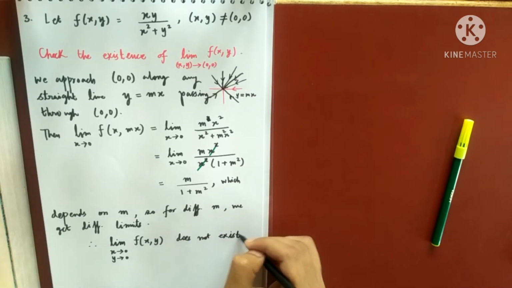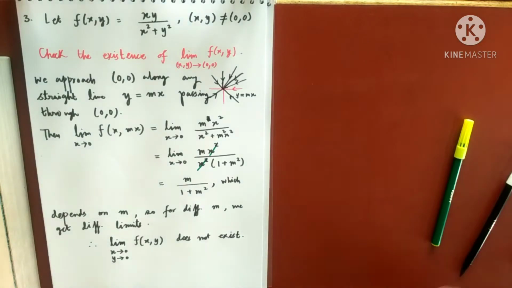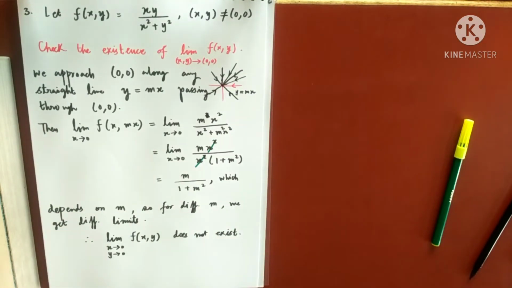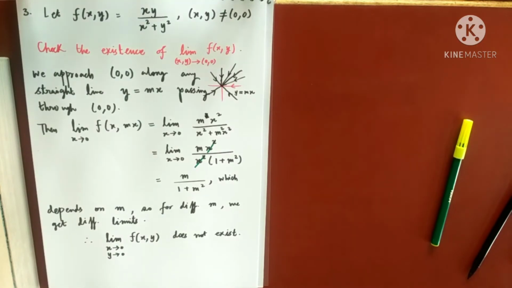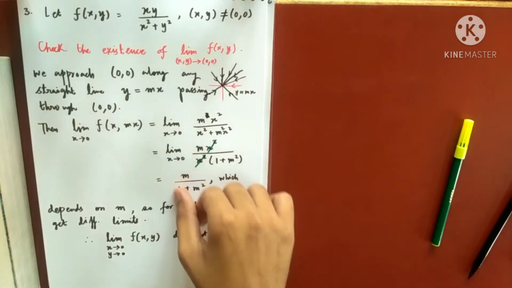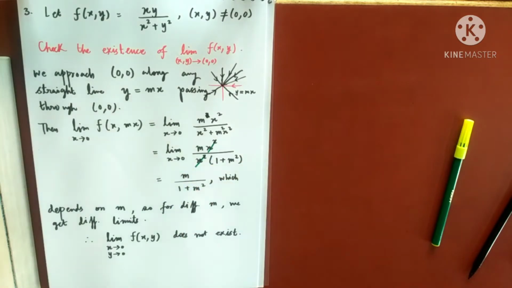I hope you understood. You got the idea or no? So you take any possible paths, okay? Suppose my answer was independent of m, then what I am getting is that along any line, I will get the same answer, right?